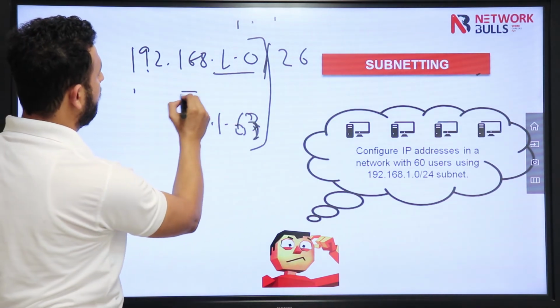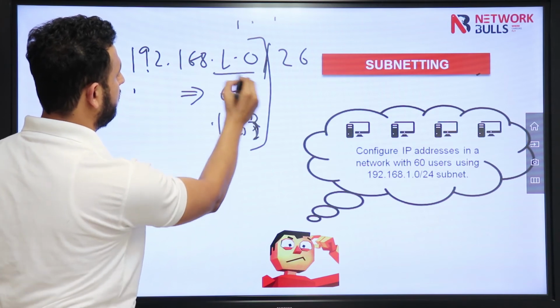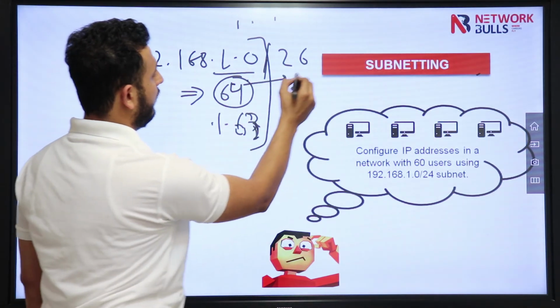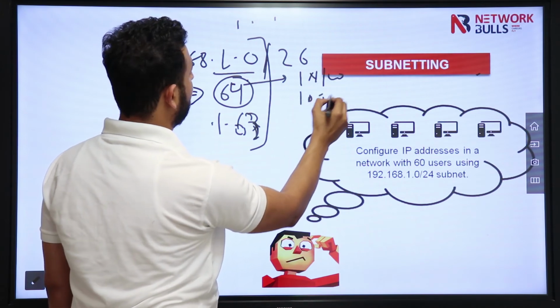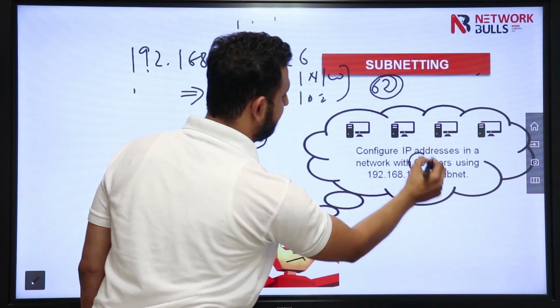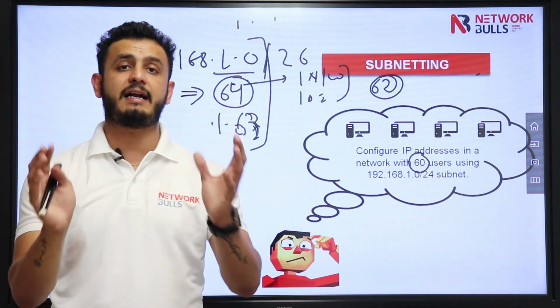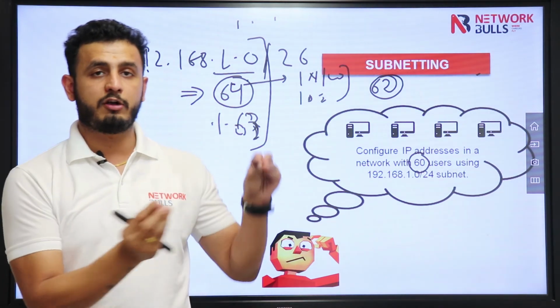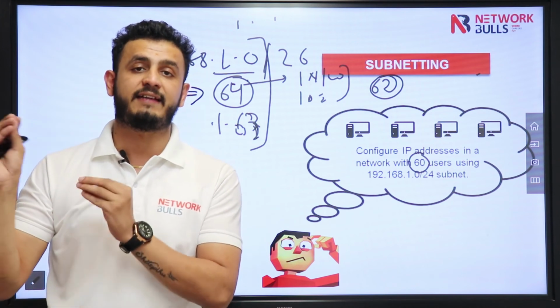In this network, how many hosts are there? Total 64 hosts. Out of 64, one will be network ID, one will be broadcast ID, and usable IPs will be 62. And how many IPs we need? 60. So our requirement is fulfilled. So what we have done? We have divided a big network into a small network. Previously, the network was having 256 hosts.